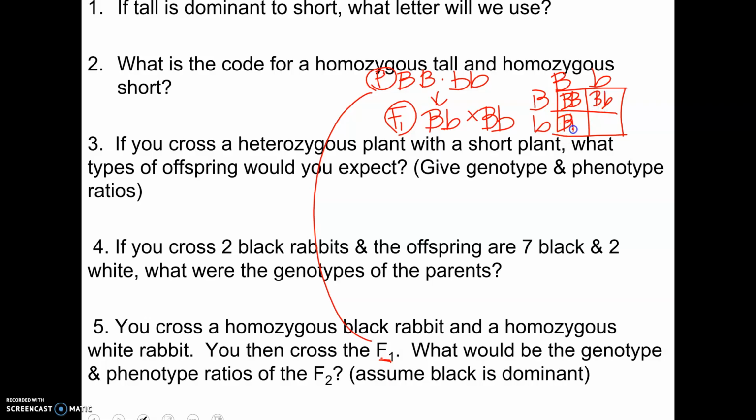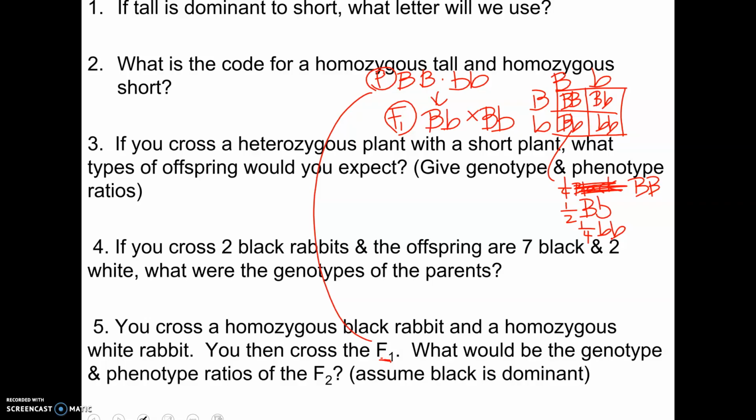So the genotype ratio here would be the 1 to 2 to 1. In other words, 1/4 would be big B, big B, 2/4 or 1/2 would be big B, little b, and then the last one, the 1/4, little b, little b. That's the genotype ratio, 1 to 2 to 1, or 1/4, 1/2, 1/4, or 25%, 50%, 25%.